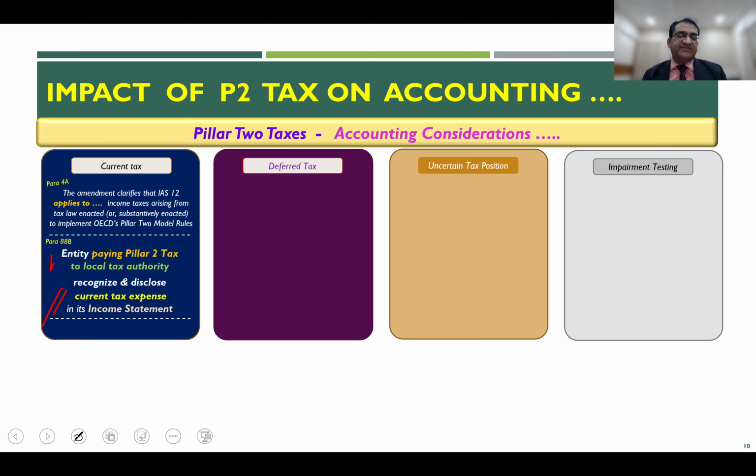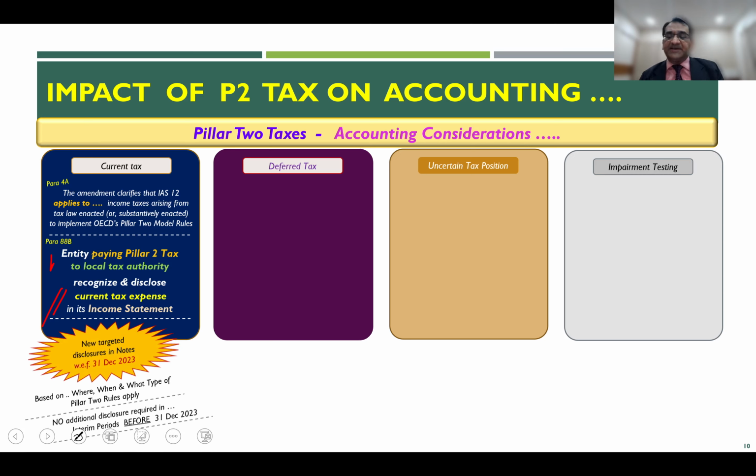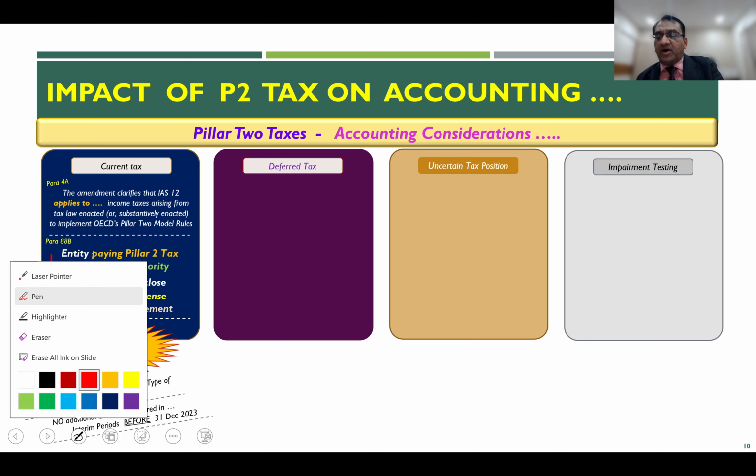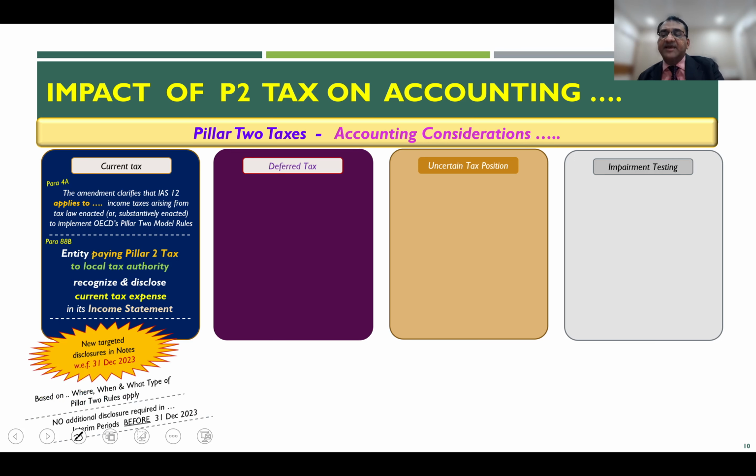What about deferred tax? One more important point is that apart from these two, the amendment also brought in some new targeted disclosures which are required to be given in the notes to the accounts with effect from 31st of December 2023.